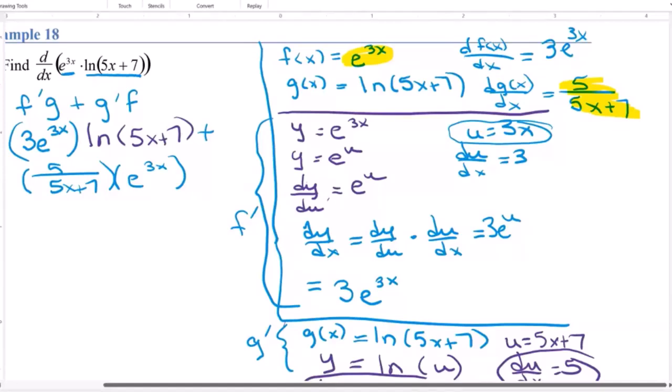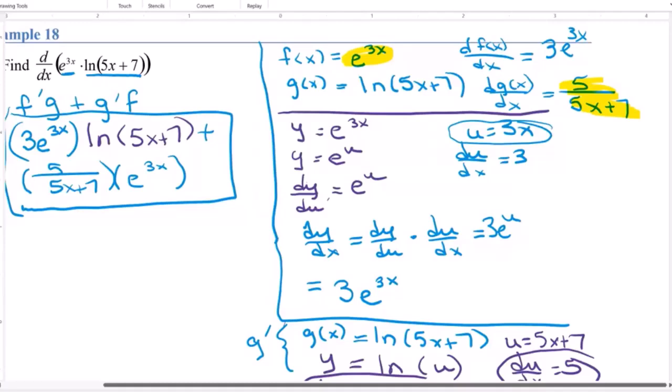This is actually my derivative, but we're going to clean it up a little. I'm going to get rid of this, and this, and I notice that I have e to the 3x in both my terms. So I'm going to factor out e to the 3x.